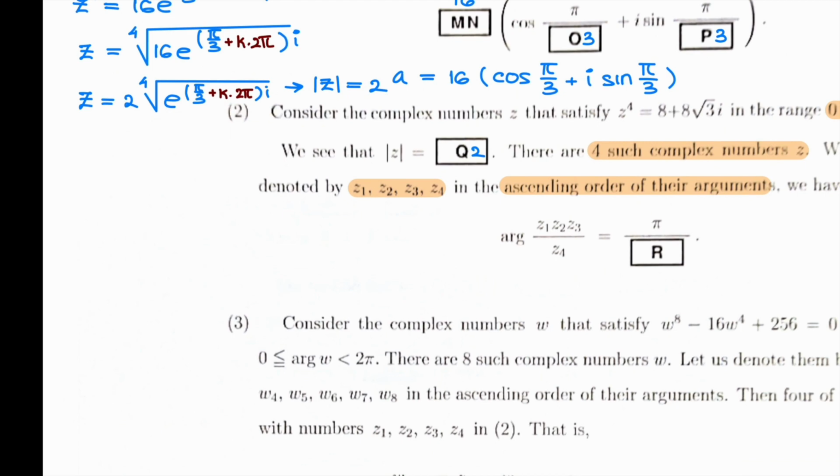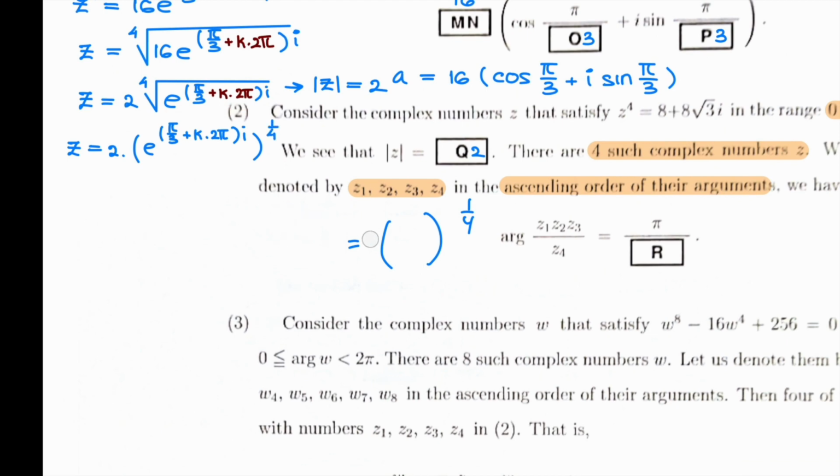As you can see, z is equal to 2 times, fourth root means to the power of 1 over 4. So when I want to calculate e to the power of blah blah blah and then the fourth root, I can write it down as e to the power of pi over 3 plus k times 2 pi i, all to the power of 1 over 4.